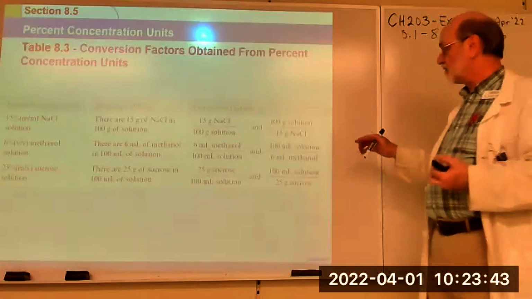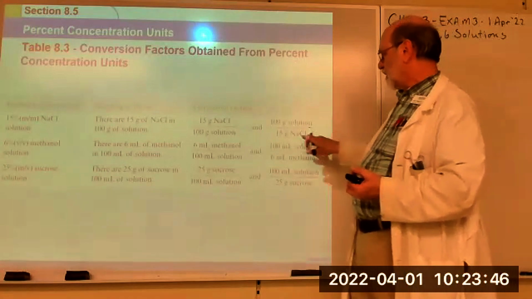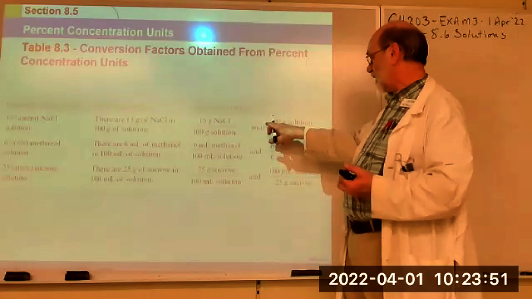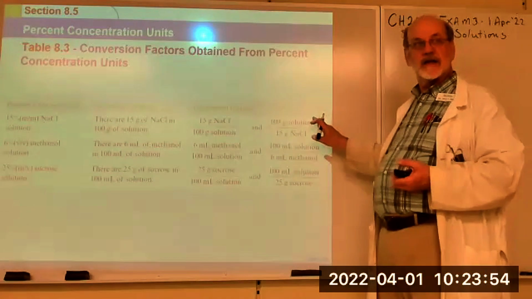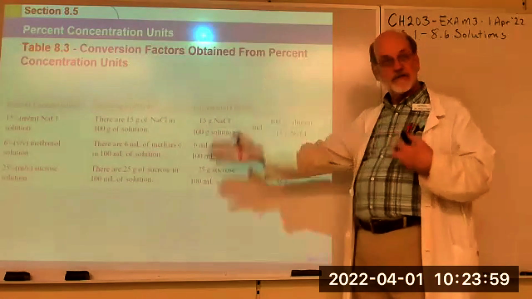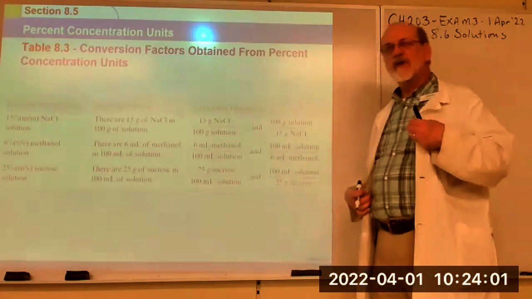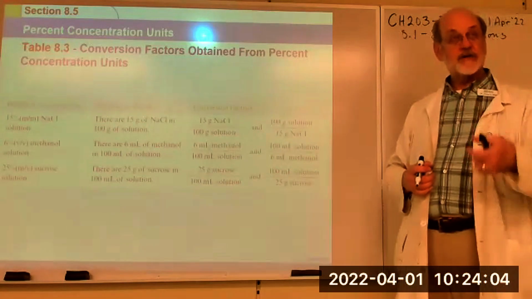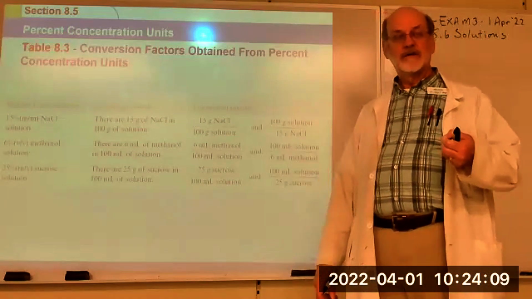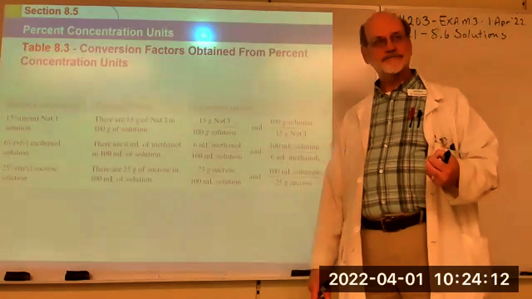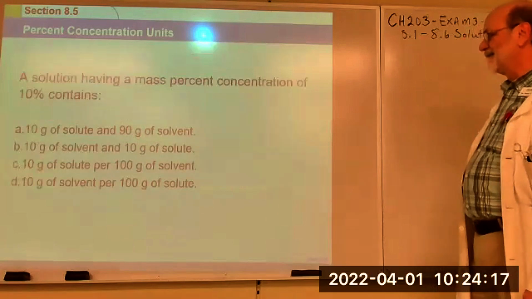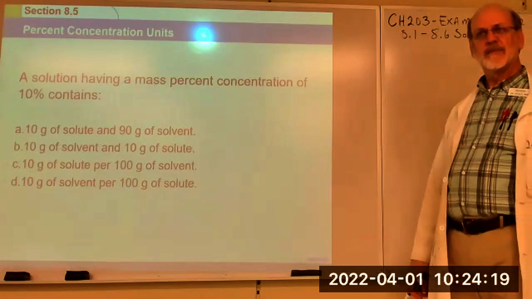If we have so many grams of sodium chloride and we know the concentration is this, then we can say, how many grams of solution will I need? You can use any of these as conversion factors. Anytime you have a ratio, it can substitute as a conversion factor, just like molar mass. Grams per mole can be used as a conversion factor. Did I lose anybody there? That makes sense. Okay, good.